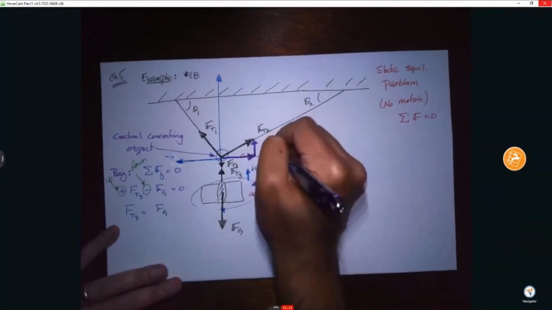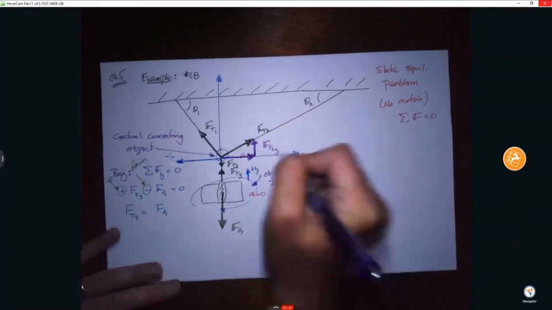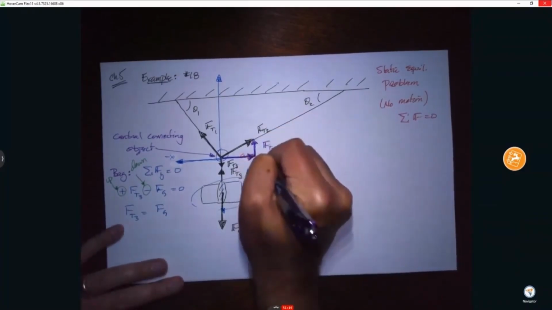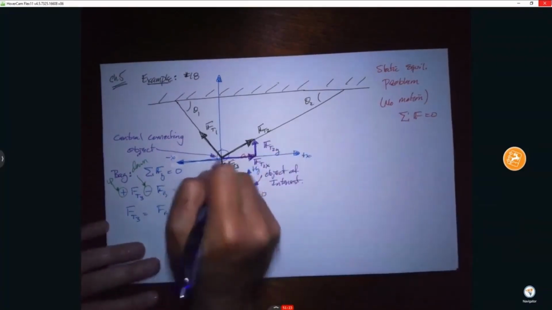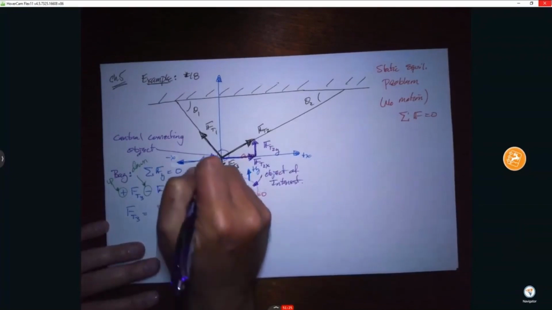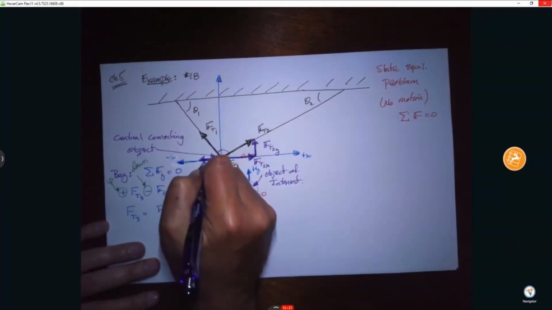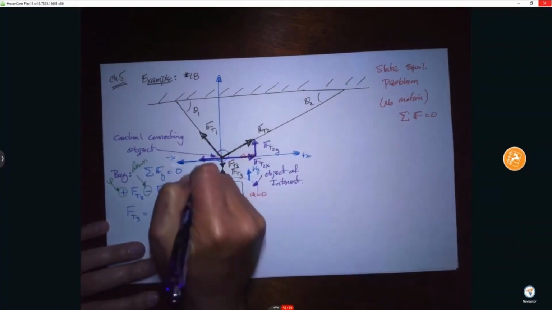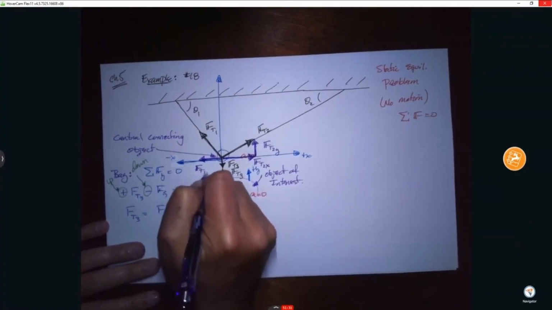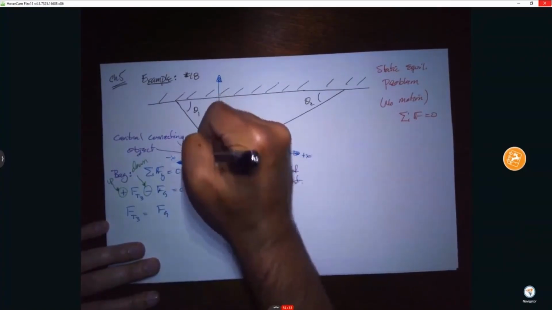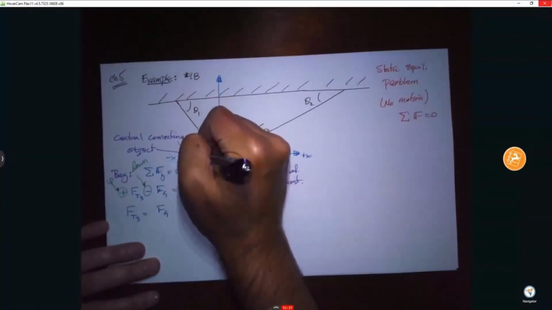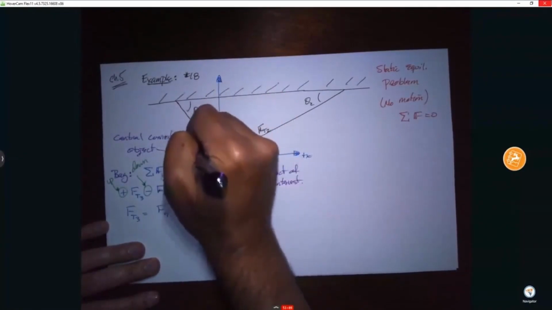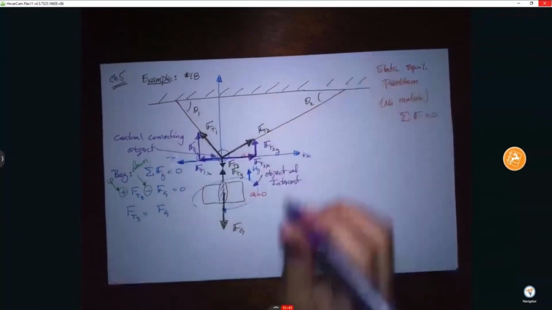And so this will be the force tension 2, this is the y component, and this is the force tension 2, this is the x component. And then we'll cut over like this for the x component on force tension 1, force tension 1x. We're going to go up like this for the force tension 1y.